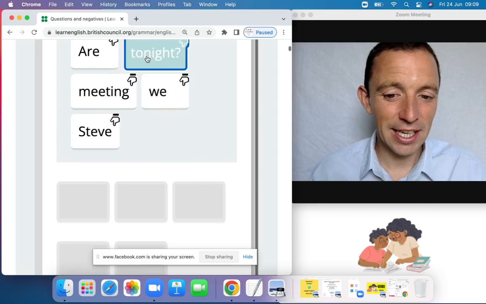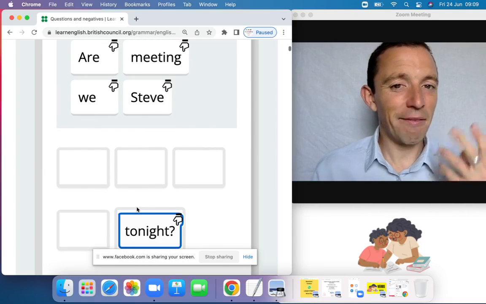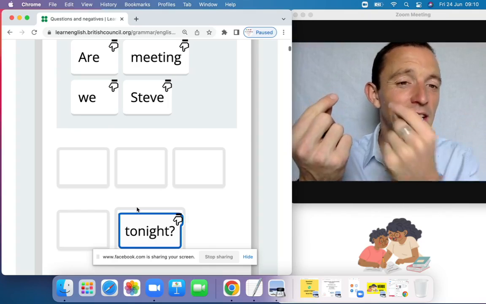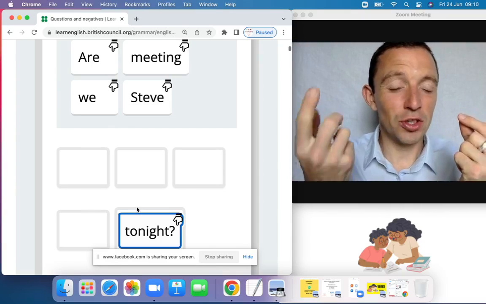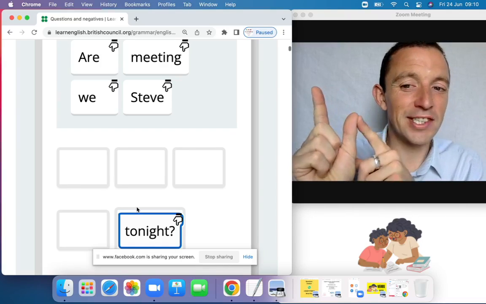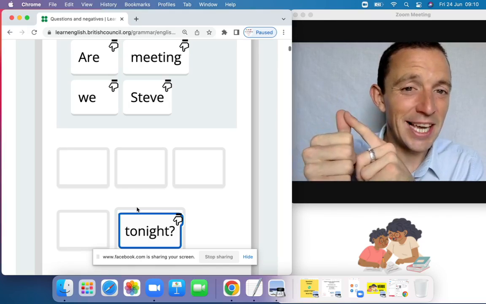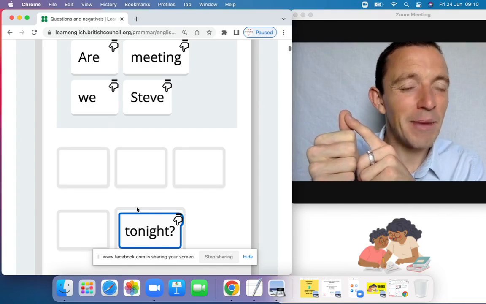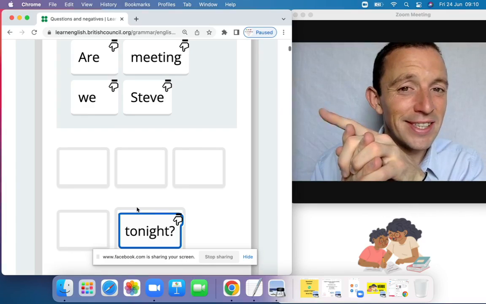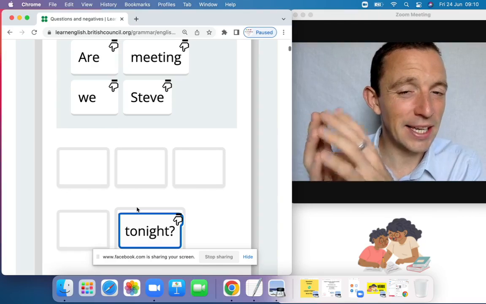So let's select the last word, tonight. Now, we need the affirmative first. What is the affirmative? The affirmative is the subject, the verb, and the object. So the subject here could be two subjects possible, we or Steve. We is not possible because there's no capital letter. So Steve is maybe the only affirmative, but because this is in the question form, we could be the start, we could be the subject.